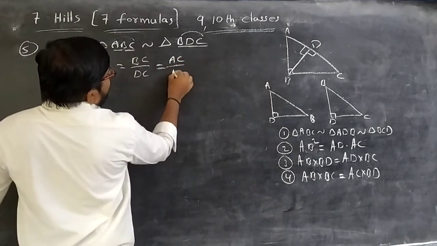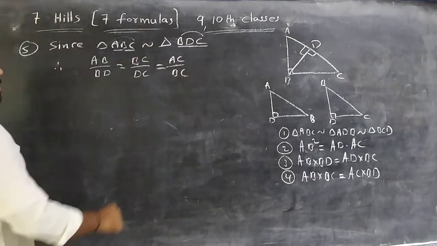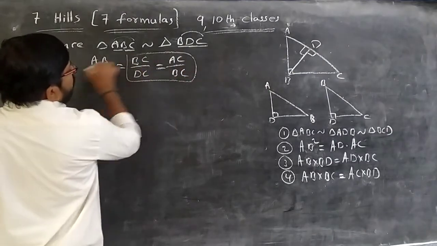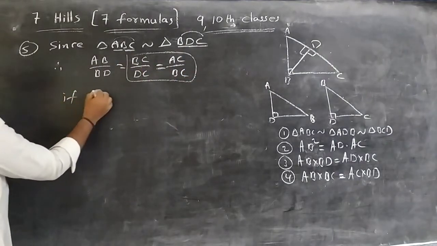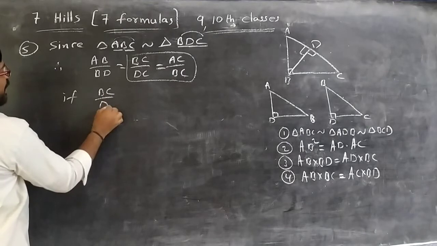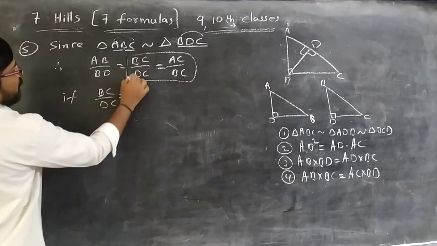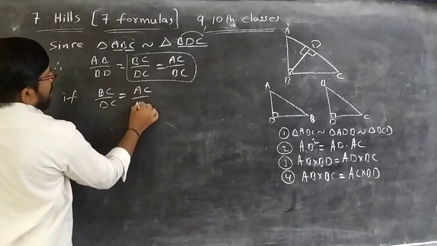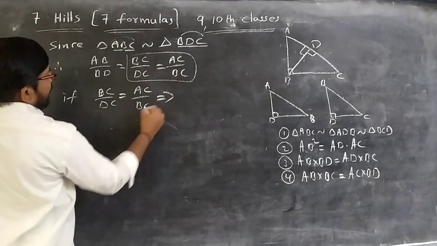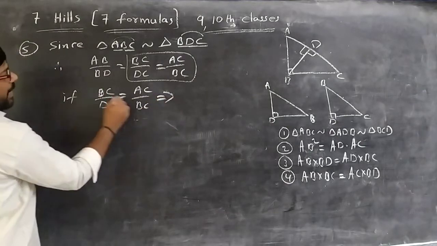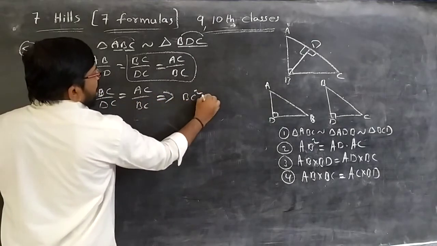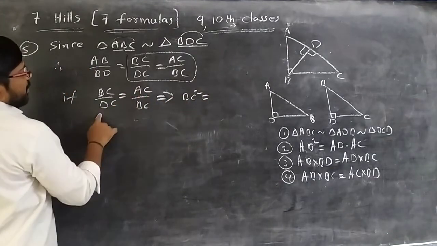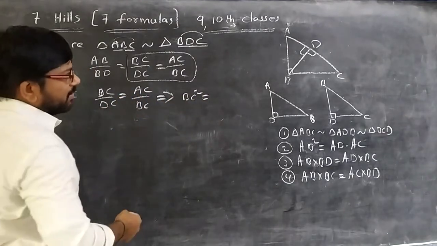So by taking these two, if BC by DC is equal to AC by BC, that implies, cross multiply, BC square is equal to AC into DC.